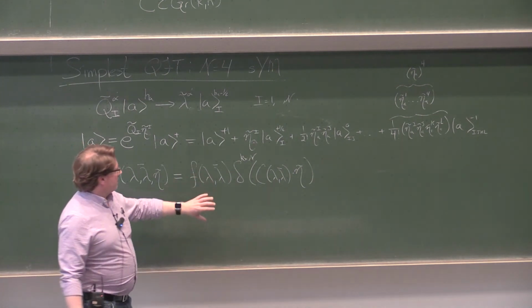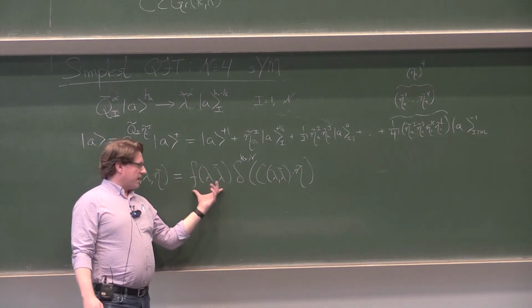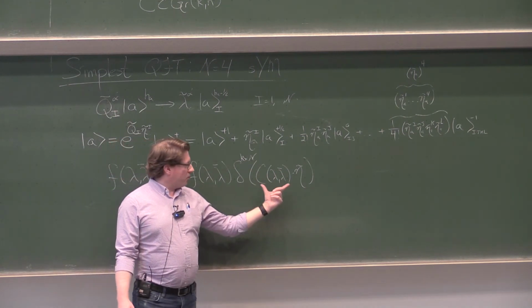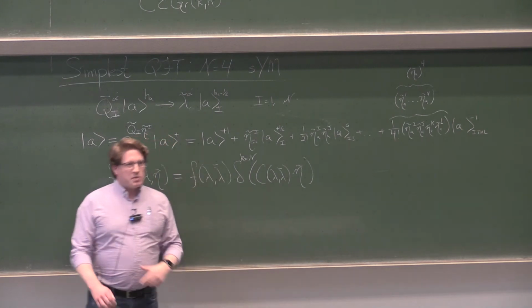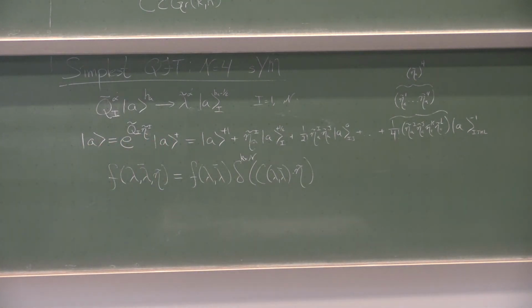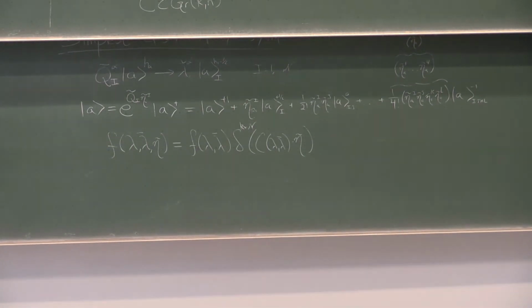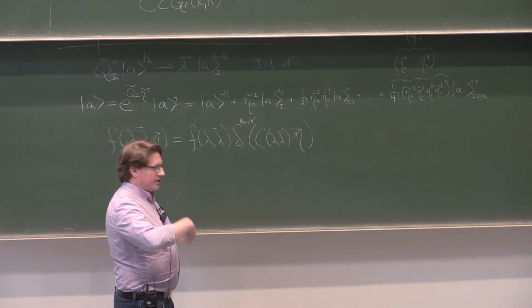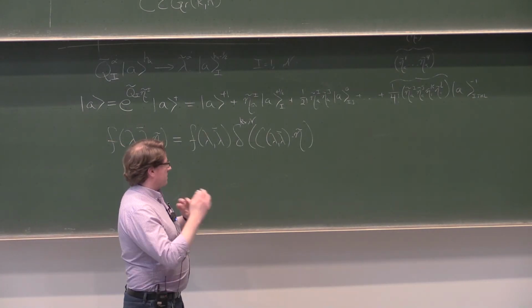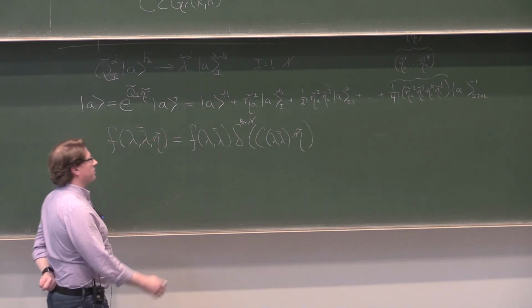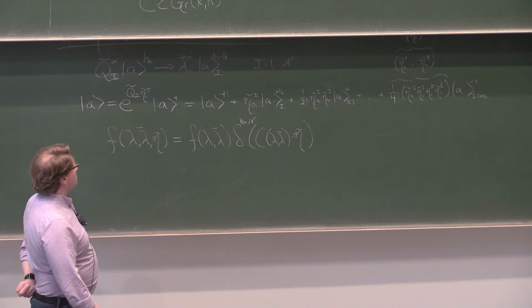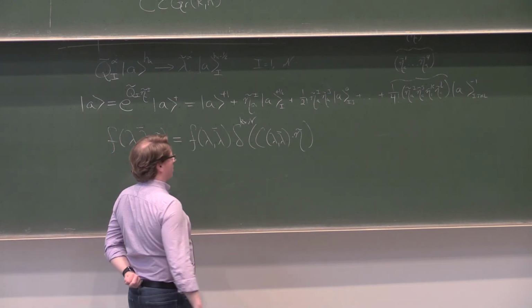In fact, it's a bosonic function, f, that just depends on lambda and lambda tilde, times this fermionic delta function. Now, I hope all of you learned in quantum field theory class how fermionic integration works, but I'm not going to review it here. Suffice it to say this is the same as the product of all the components, because integration is trivial for these things. So integral delta is the same as integral for a fermionic argument.